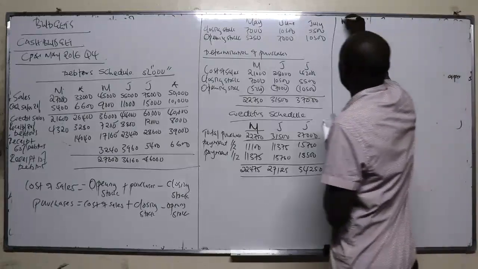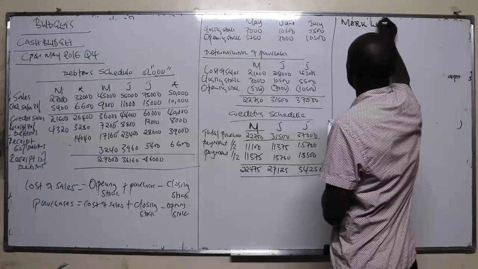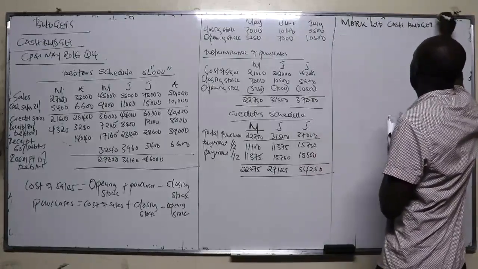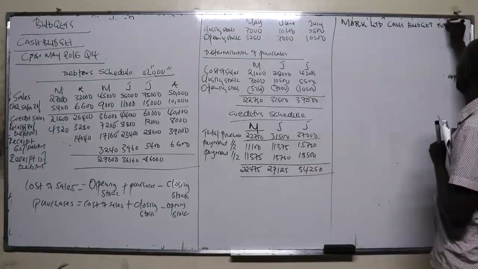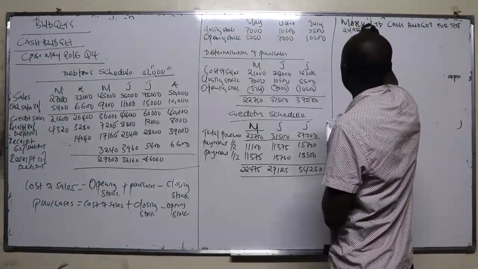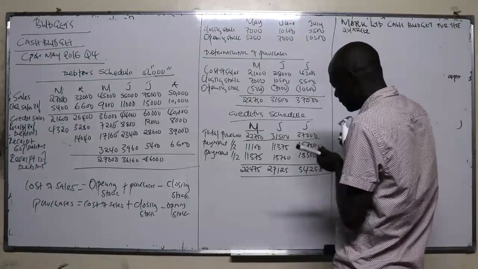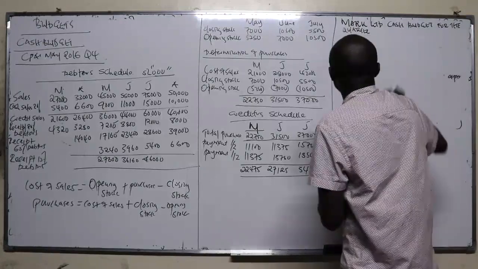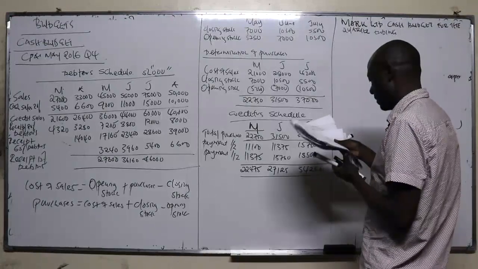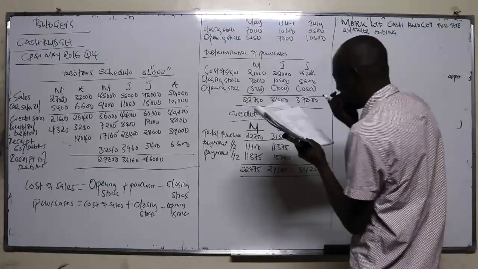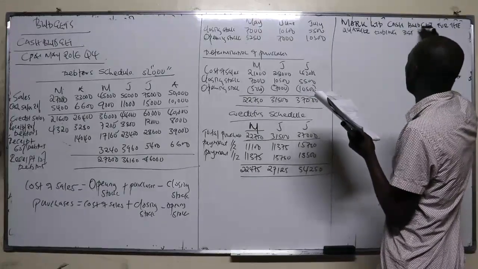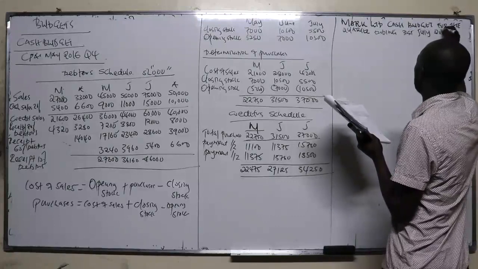So you have the Mark Limited cash budget for the quarter ending 31st July 2016.